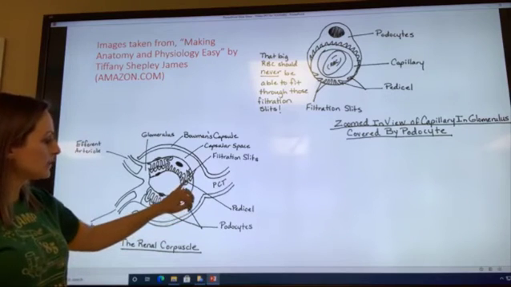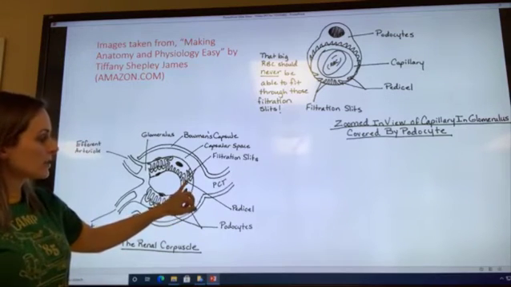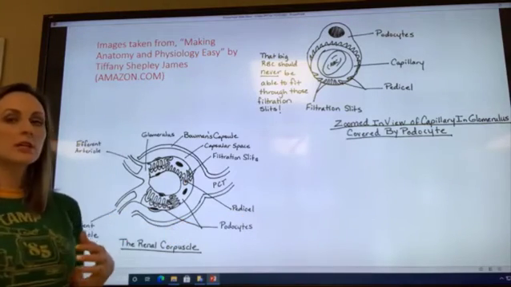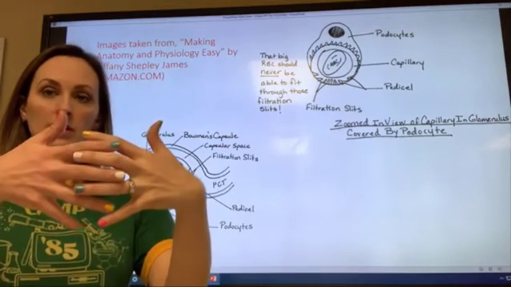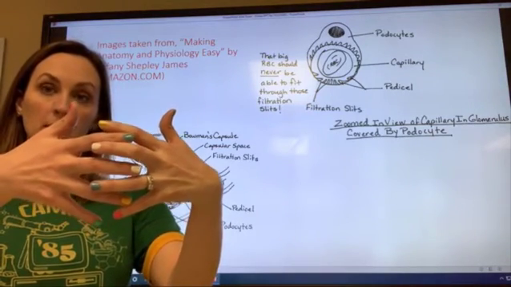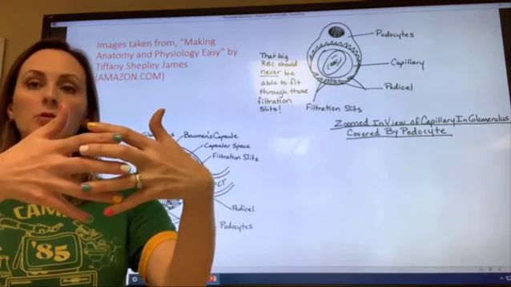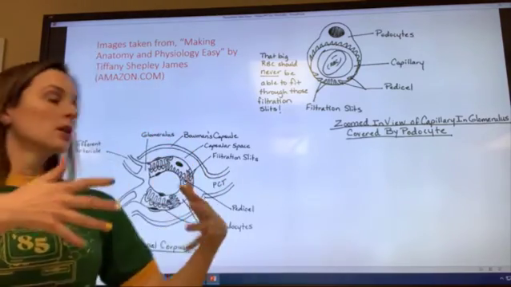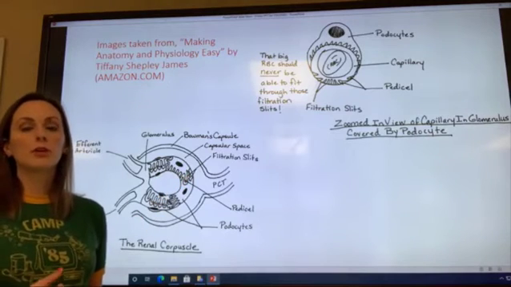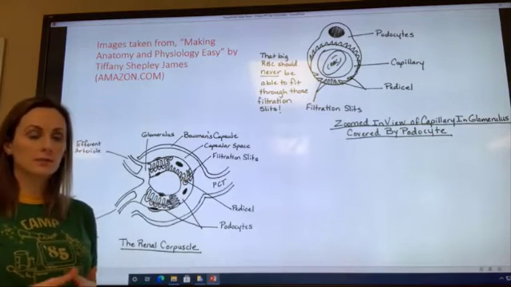And the little feet, as one is pointed at here, are called pedicels. Think of those little feet as interlocking a bit like this. So we've got some gaps between my fingers, which represent filtration slits. So in between these little feet are what we call filtration slits.